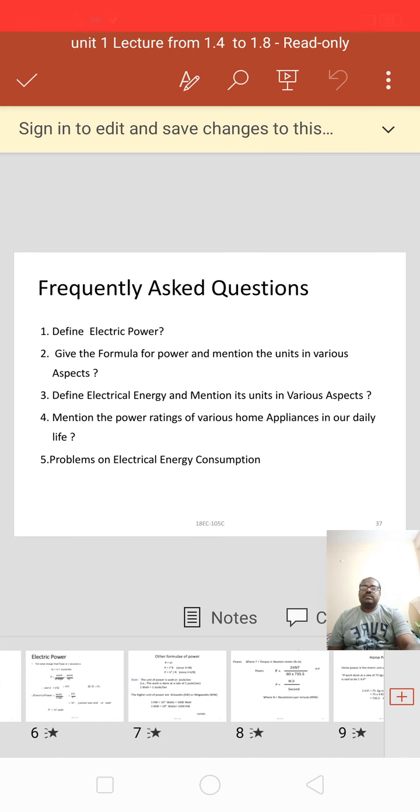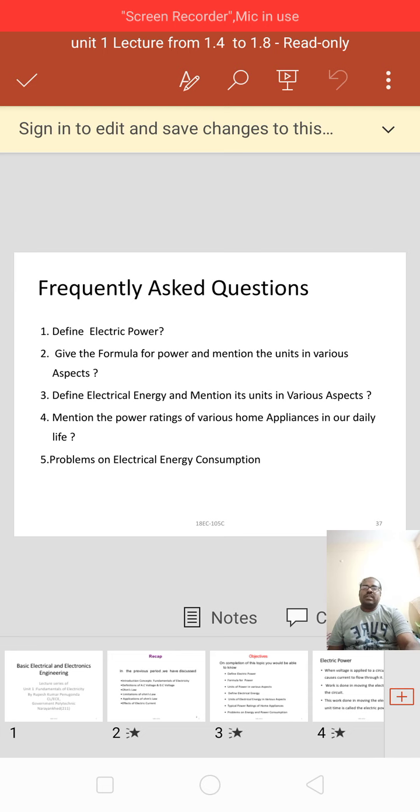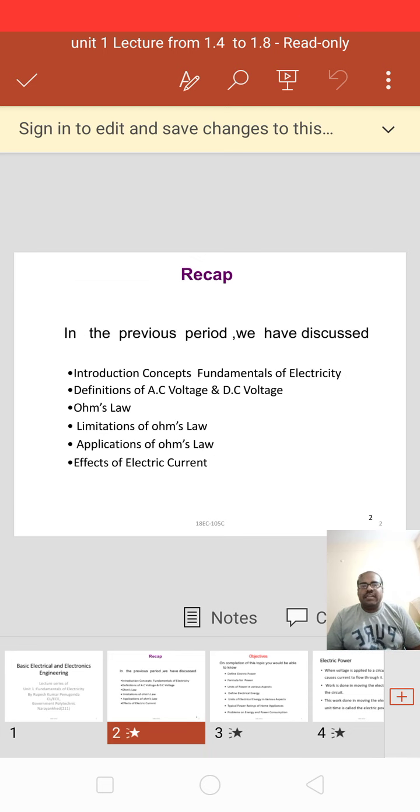Next to that, we will learn about the concepts we have already learned in the previous period. We have discussed introduction concepts of fundamentals of electricity, definition of AC voltage and DC voltage, Ohm's law, limitations of Ohm's law, applications of Ohm's law, effects of electric current.